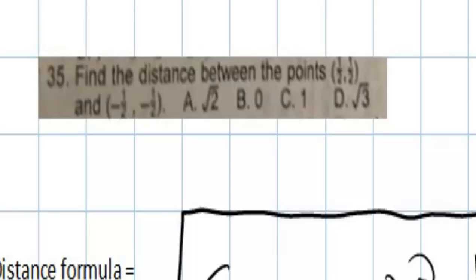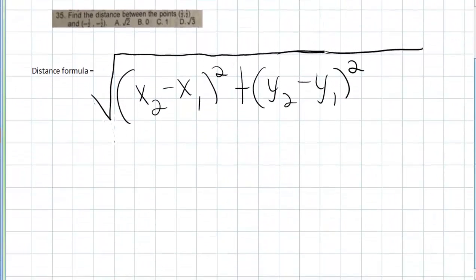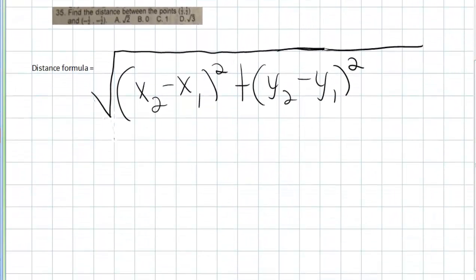Okay, so here we have question 35, and it says find the distance between the points 1/2, 1/2, and negative 1/2, negative 1/2. So I've written out the distance formula, and it's the square root of x2 minus x1 squared plus y2 minus y1 squared. I'll show you where the x2 and the x1 and the y2 and the y1 come from.